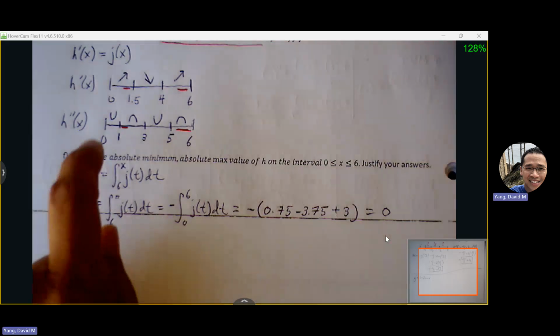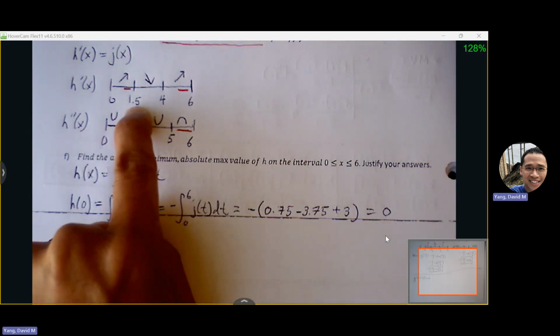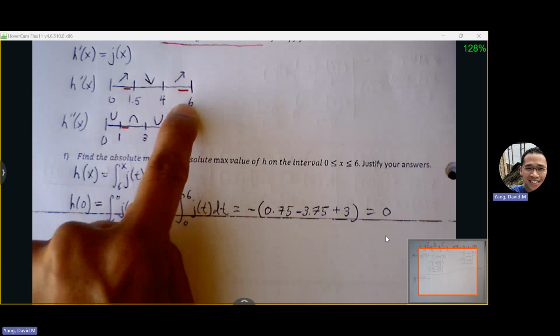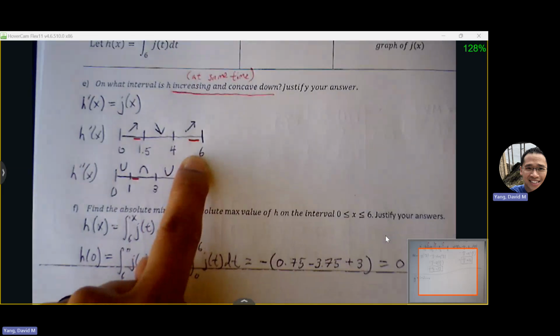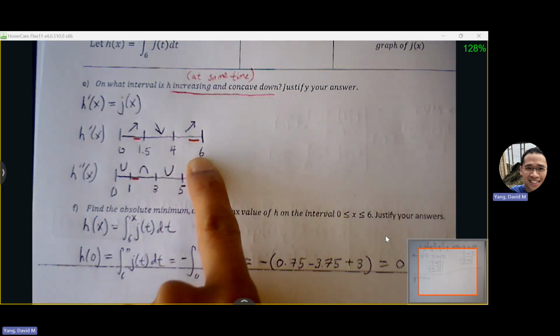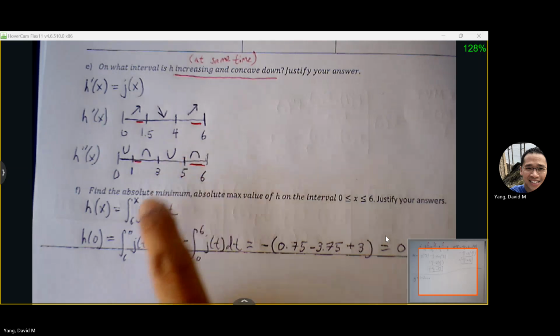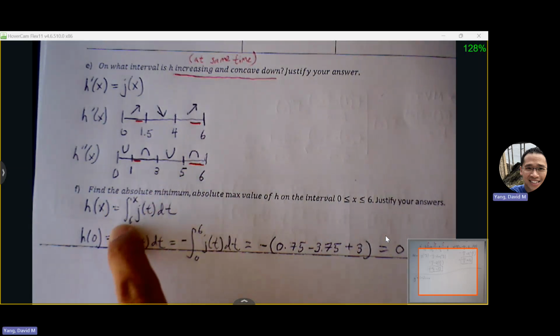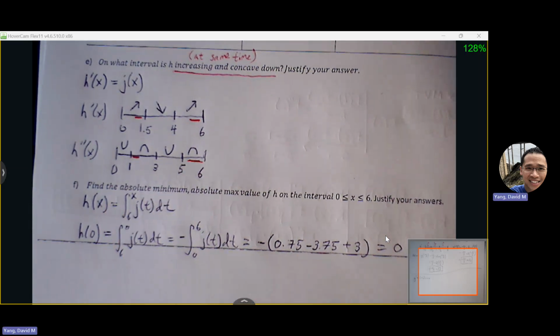Next up, you'll test h of 1.5. Then you'll test h of 4. Then you'll test h of 6. H of 6 should be easy. What's nice about h of 6? Yeah, the balance is going to be just the same. So you know that's going to be 0. And we already found h of 4.